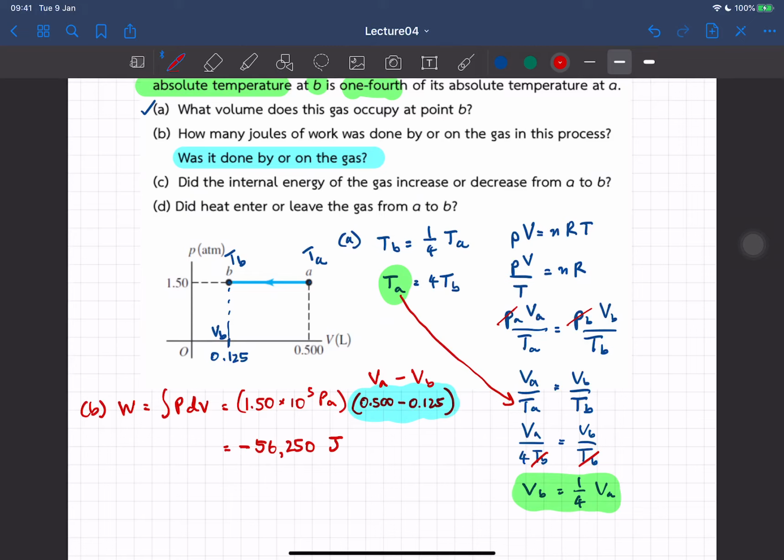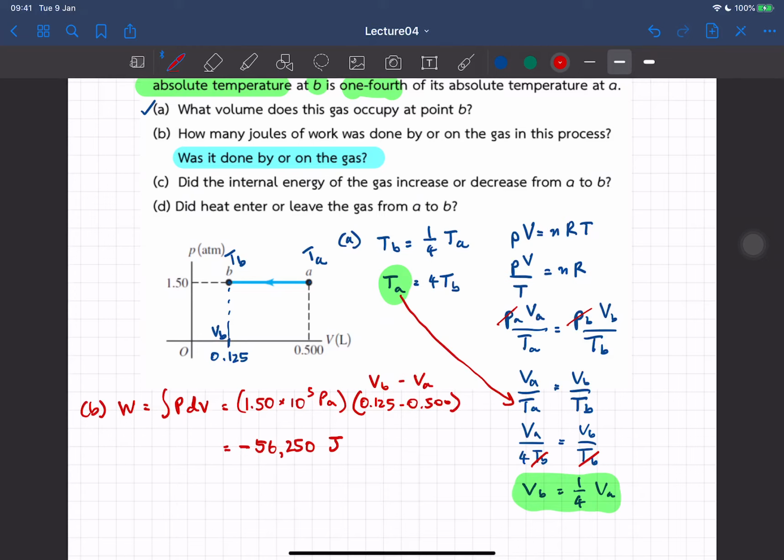Okay, so it should be the other way around. So that's why I messed up the sign here. So here I should have written 0.125 minus 0.5 here. Okay, this is the correct expression. So it just gives you the reverse of the sign, but it's showing you how I got the sign.